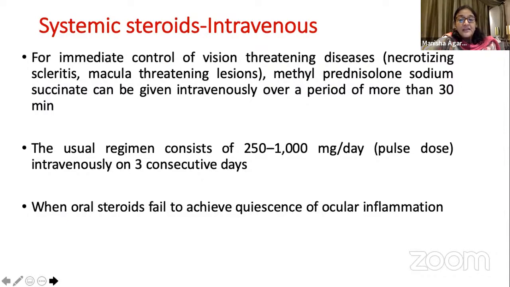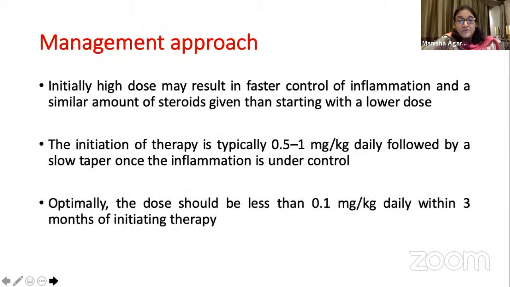It's usually given as a slow IV infusion. The usual regimen consists of 250 to 1 milligram per day intravenously on 3 consecutive days, like a pulse dose therapy. And it is also used when oral steroids fail to achieve the quiescence of ocular inflammation.